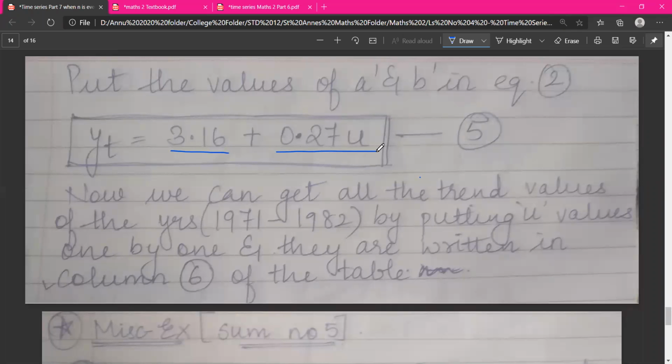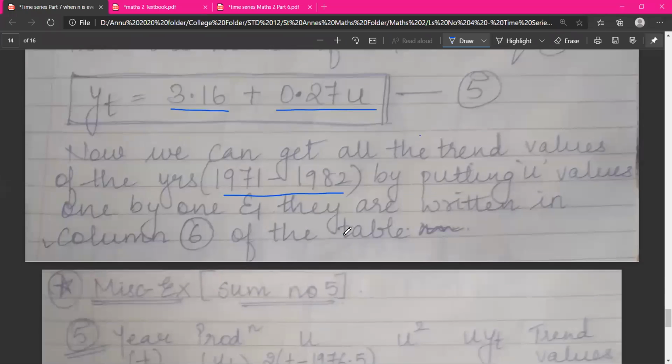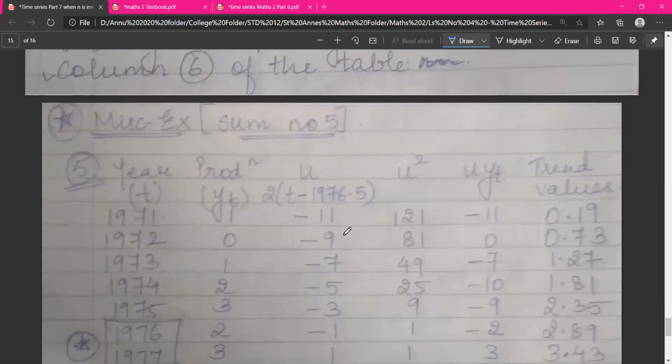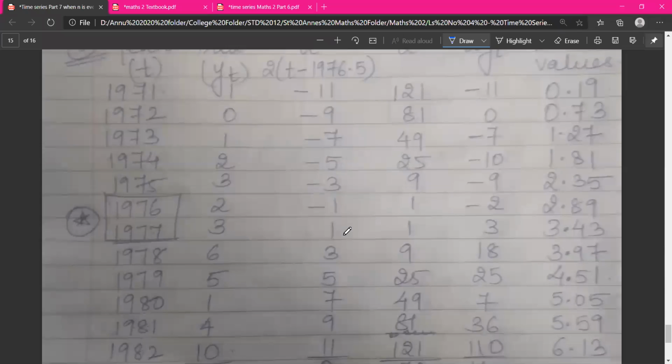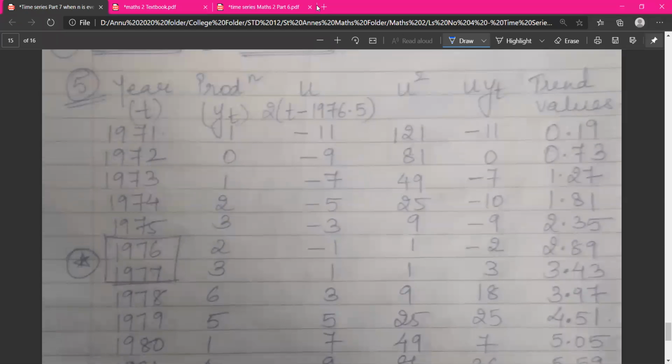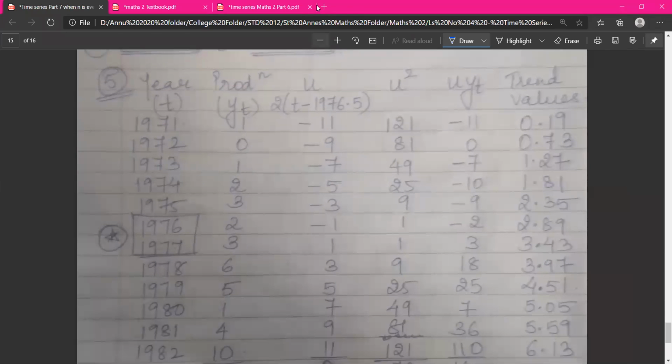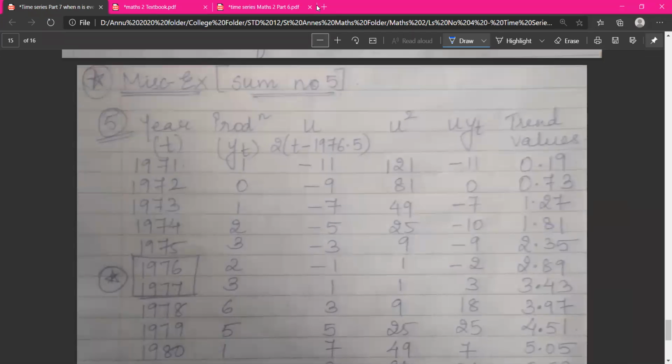So now we can get all the trend values of the years from 1971 to 1982 by putting the values of u one by one. And after getting that, you get all the values as I have shown in column number 6 of the table, which is this. So one by one, I'm putting the values of u.